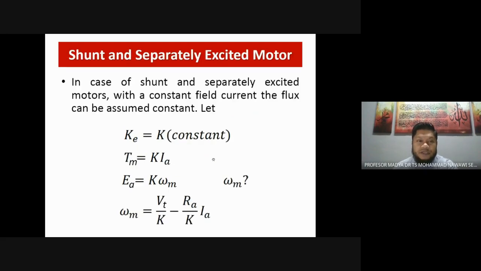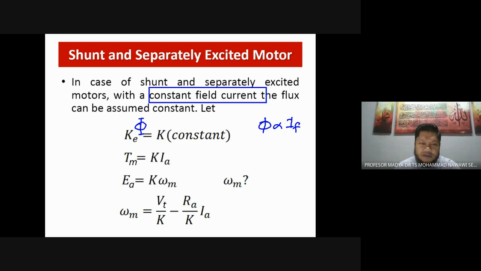All right, let's proceed. In the case of shunt and separately excited motors with a constant field current, a constant field current means flux is also constant. As I mentioned earlier, flux depends on IF, isn't it? And therefore there is actually a missing flux here. So that should be Ke flux. Can you take note?